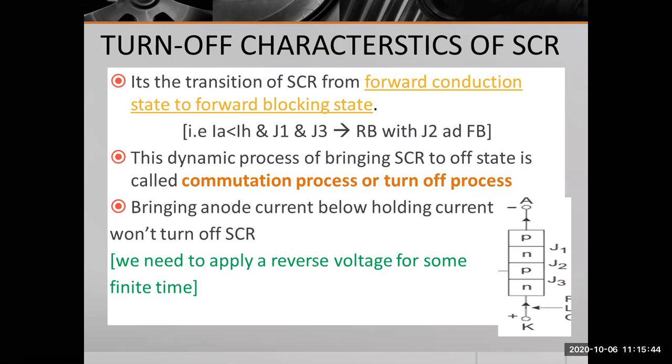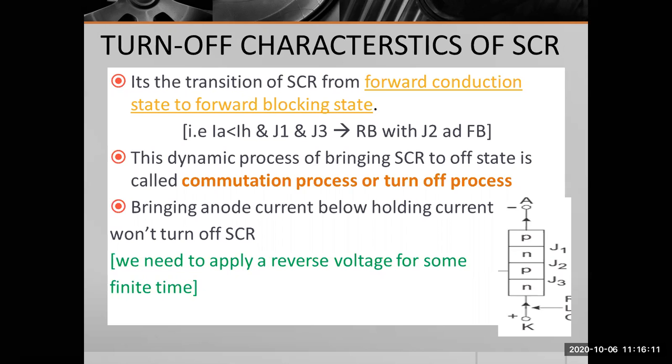listen carefully, the SCR is connected to an AC supply. AC supply means we already know AC has positive peaks and negative peaks. The positive cycle is there, the negative cycle is also there. During the positive cycle, anode current is increasing, or you can say the SCR is turned on.